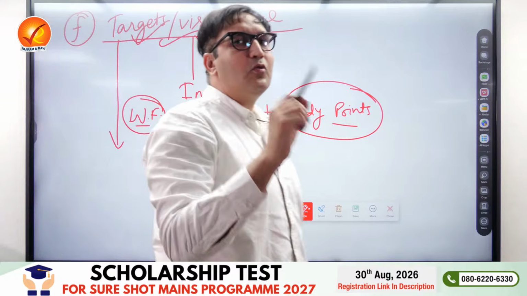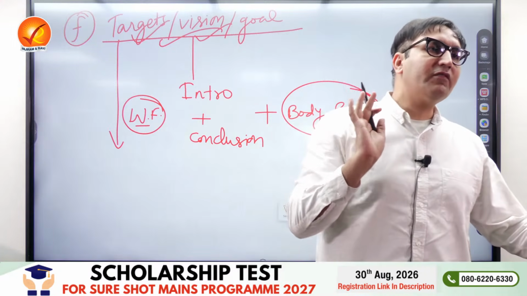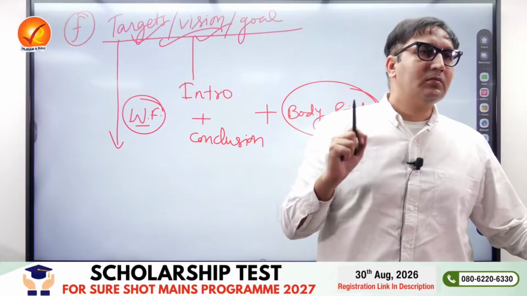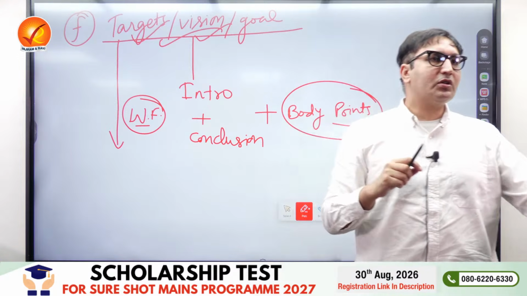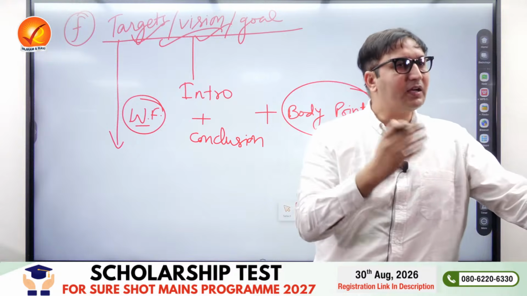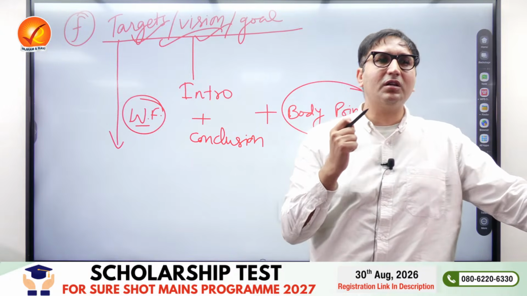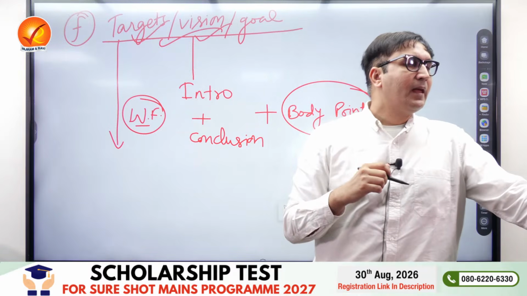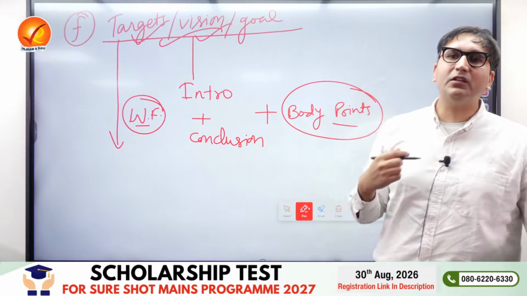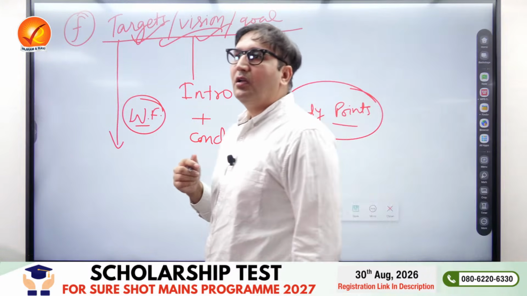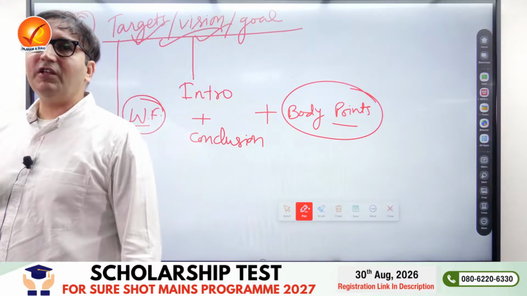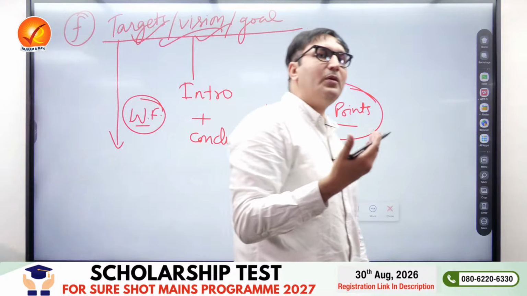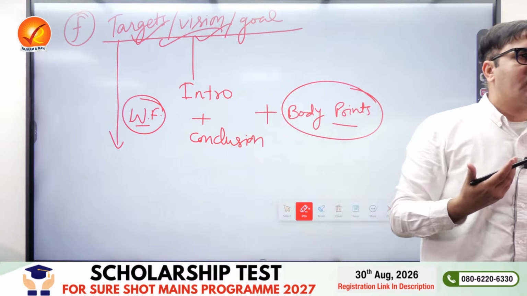And these visions and goals will be different for different topics. For example, in environment, we know Nationally Determined Contribution or Sustainable Development Goals, or Viksit Bharat you are reading, or doubling farmers' income you are reading. But if I go into IR, international relations, then our foreign policy has some objectives, right? When we got independence, Pandit Nehru said that we want to achieve the rightful place in the Committee of Nations, right?